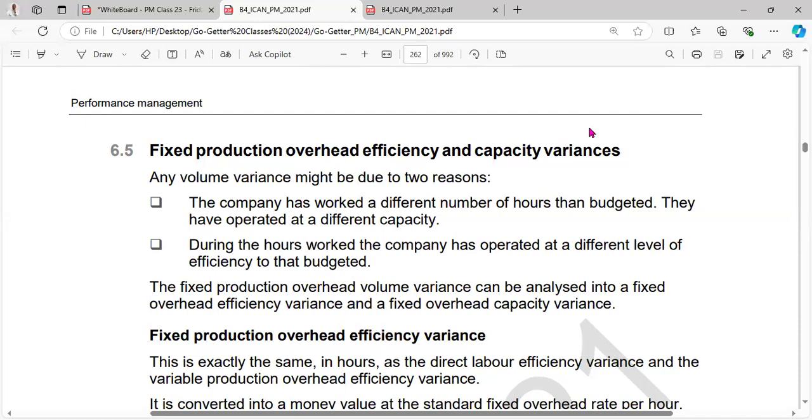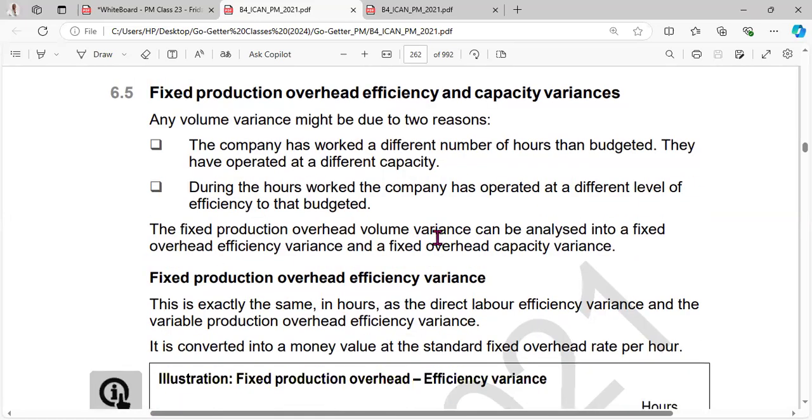Efficiency means you finish in less than the time, or you do more volume within that allotted time.